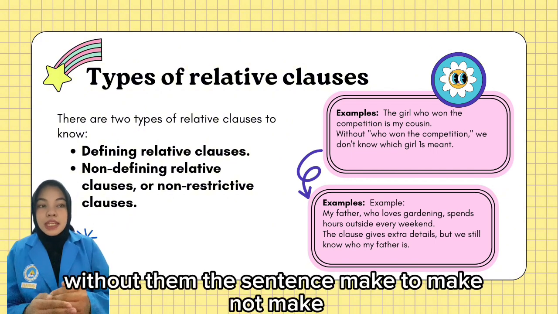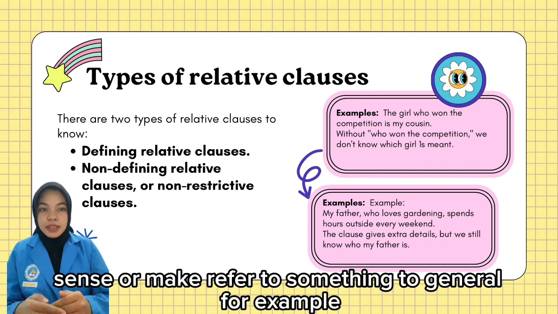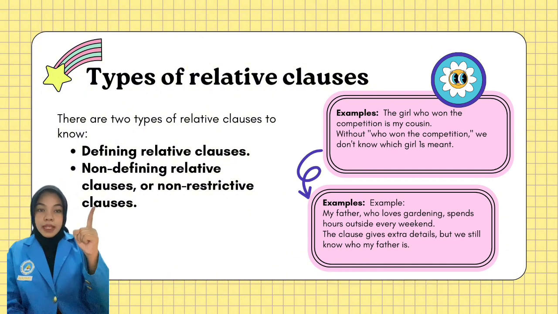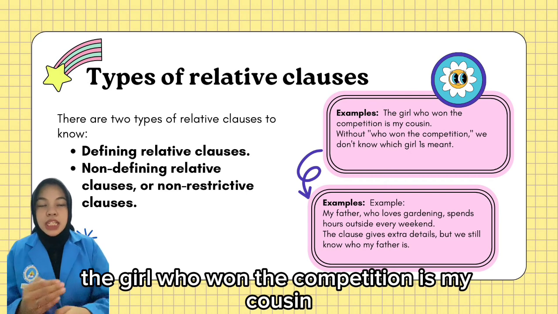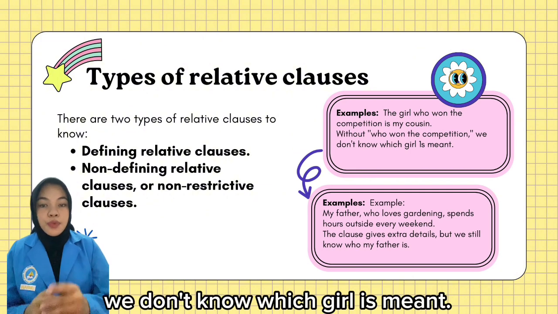Without them, the sentence may not make sense or may refer to something too general. For example, the girl who won the competition is my cousin. Without who won the competition, we don't know which girl is meant.